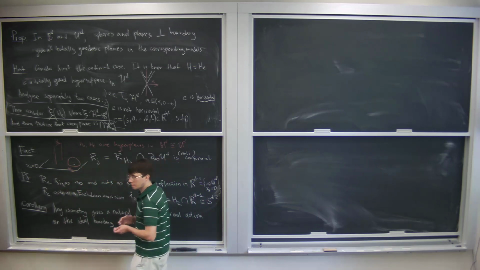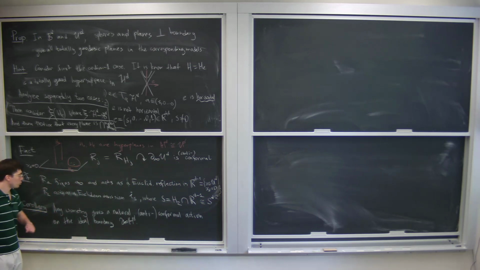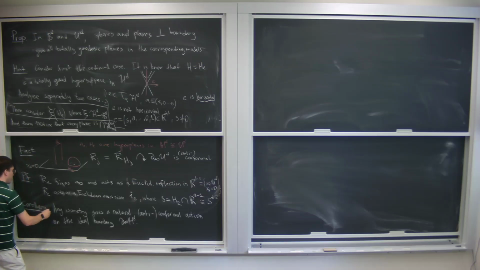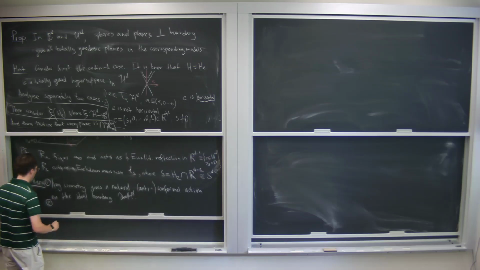And as a corollary, we have that any isometry extends to a self-homeomorphism of the ball, right?